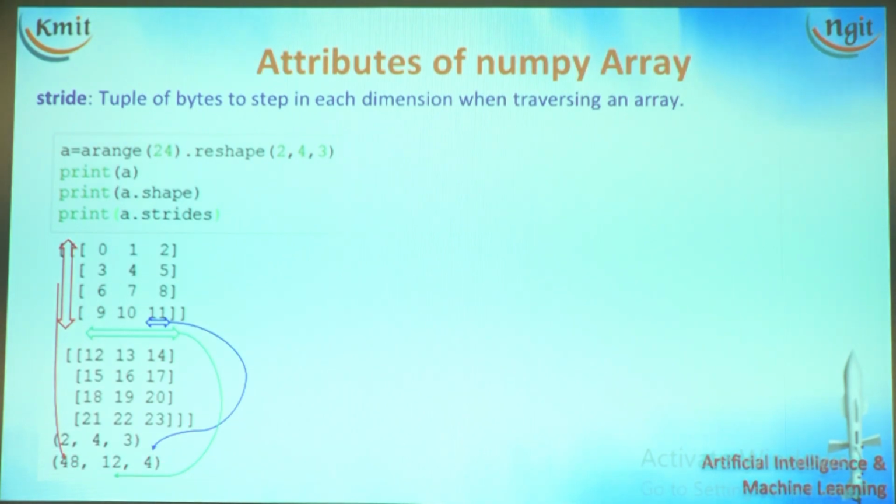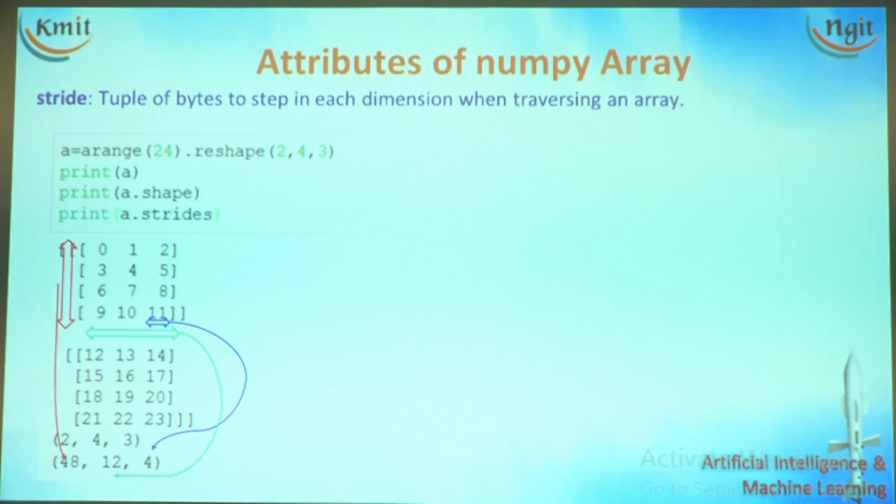Now please see, to jump from column to column, suppose if you want to go from 10 to 11, one element size, here it is int, so shall I take it as 4 bytes, right? So from 10 to 11 what should be the stride? 4. That means from any column, say column number 1 to column number 2, if I want to move, it will take me around 4 bytes.